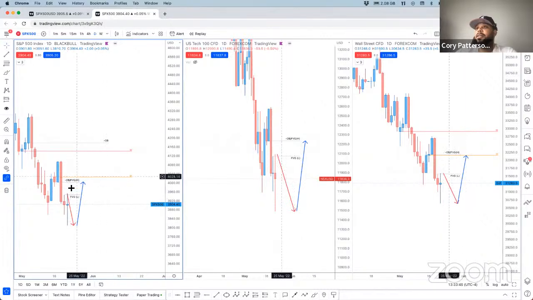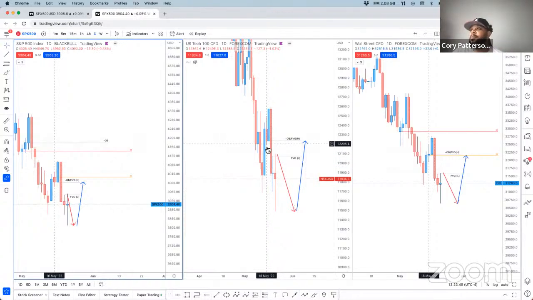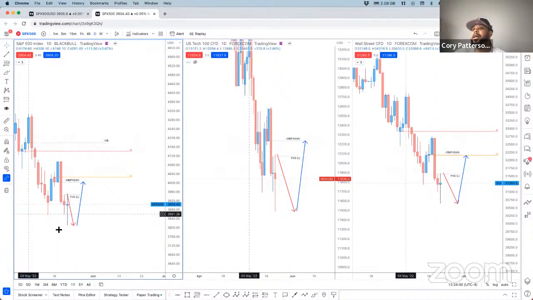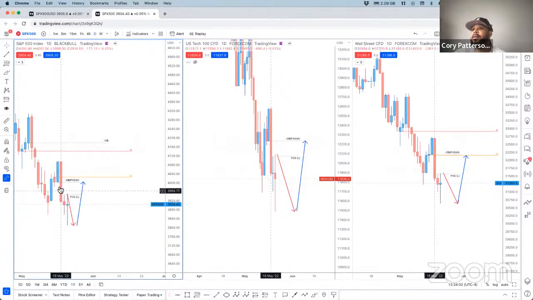So these are the things that could take us down. And that's how you want to map it out. You're not predicting or projecting or considering a bias or anything like that. You're just going through to say, all right, if we go back up, here are our roadblocks.